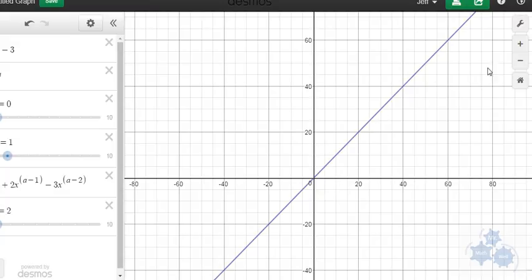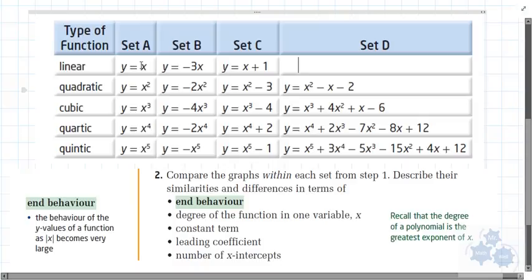So here we're going to say the end behavior for a linear function with a positive leading coefficient, because this one has a negative.